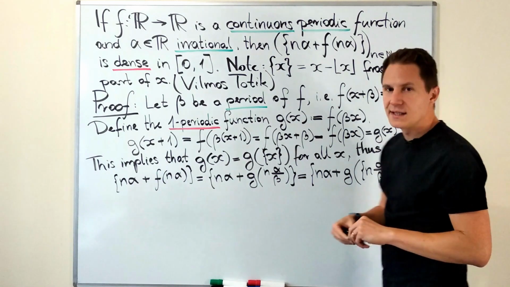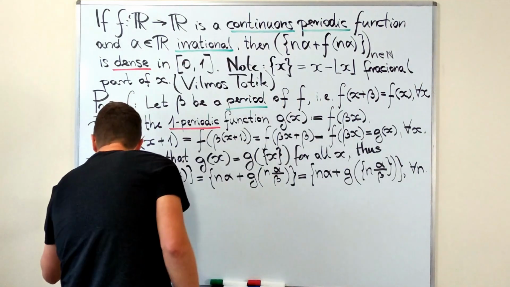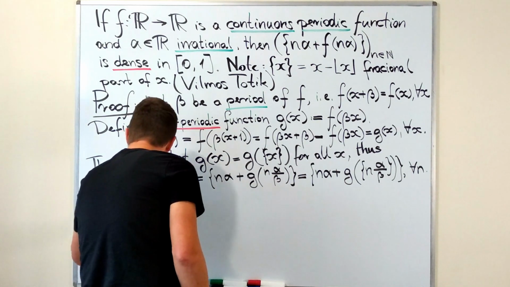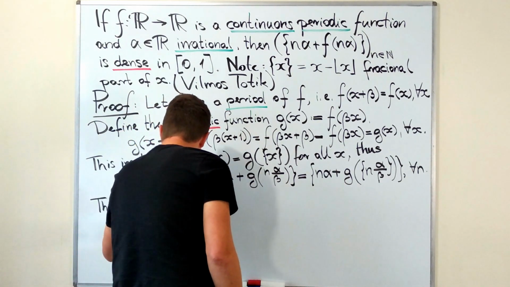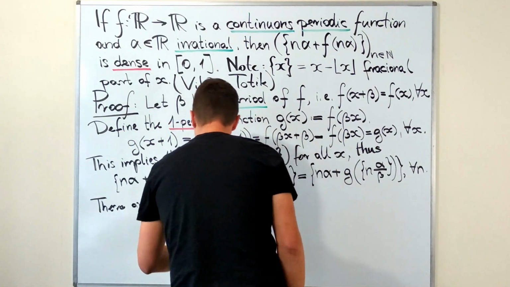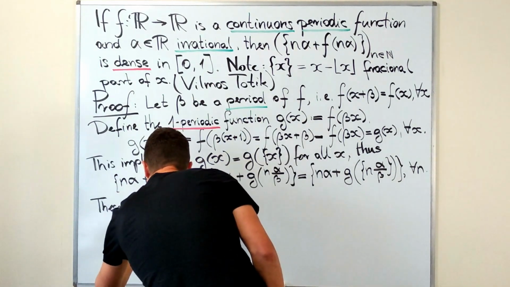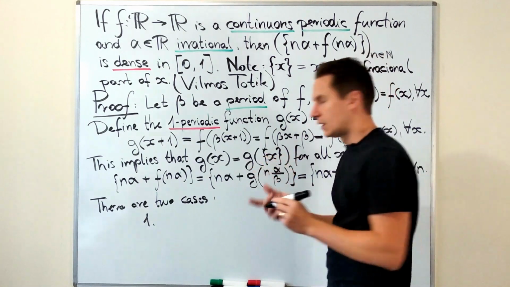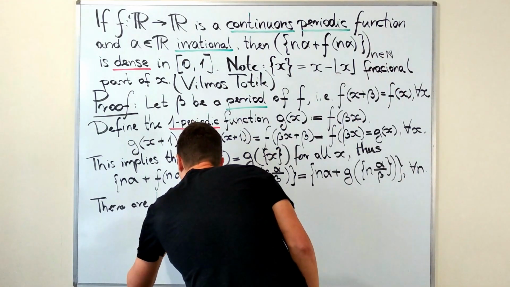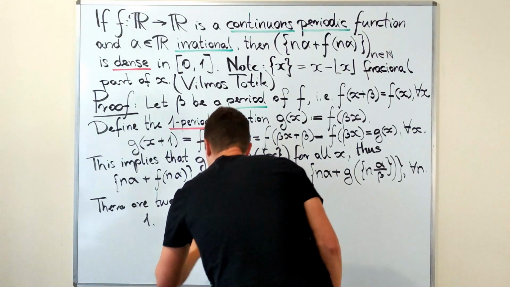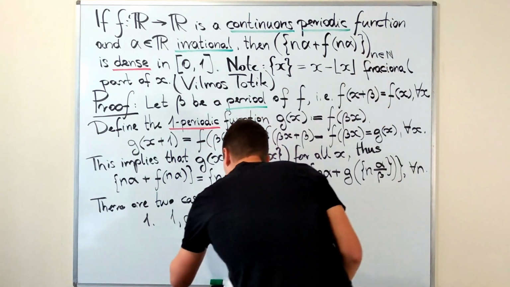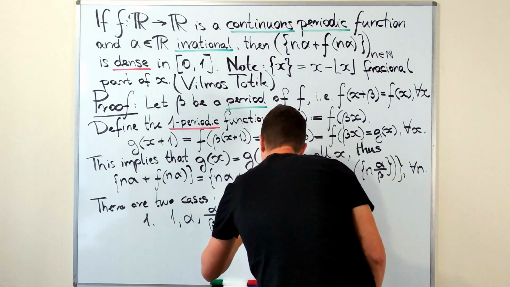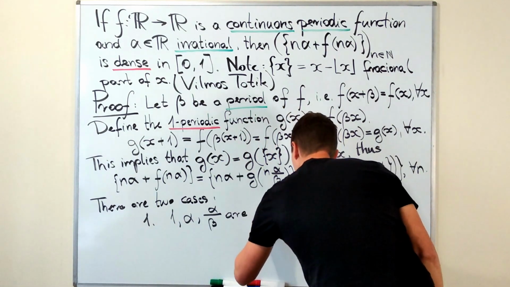In the first case, let me just say, there are two cases. The first possibility is that the numbers 1, alpha, and alpha over beta are rationally independent.